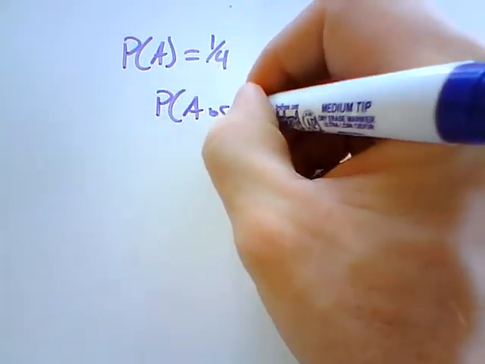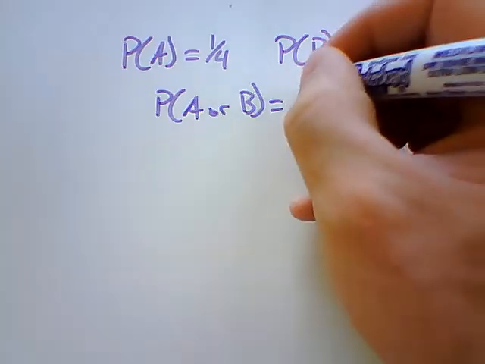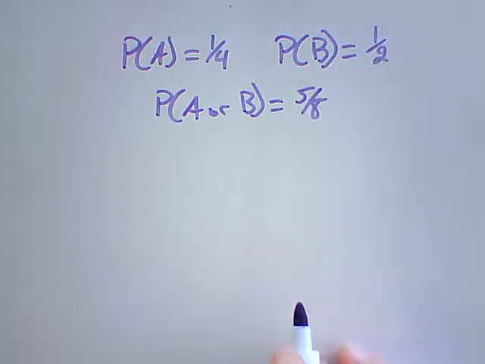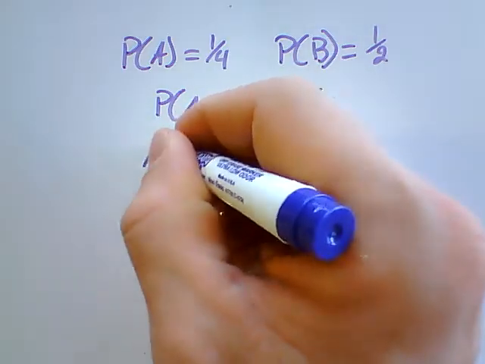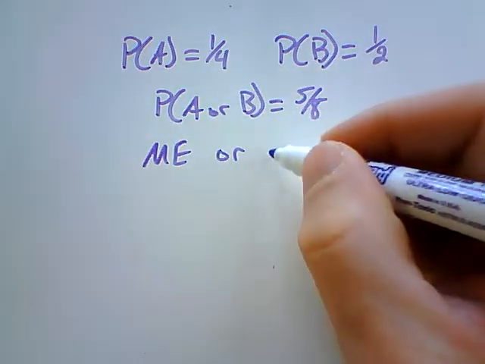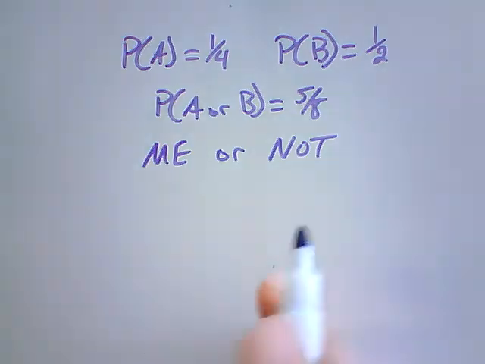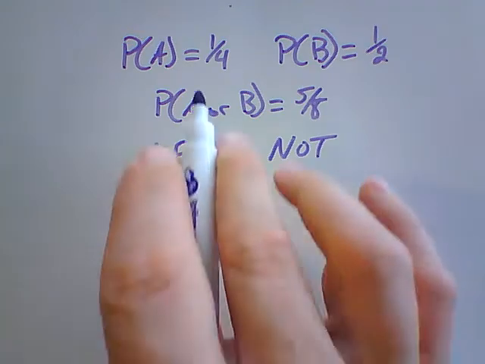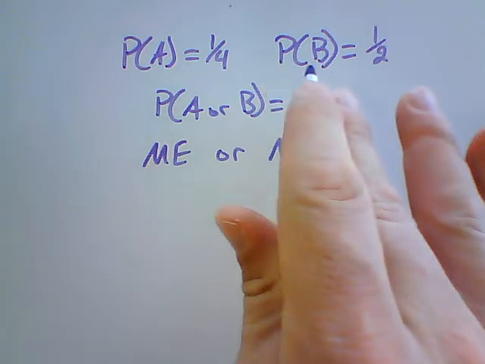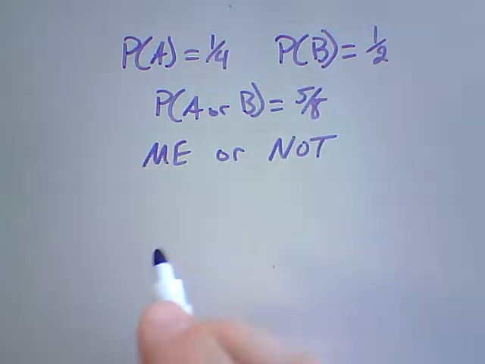And I'm going to try to get you a little bit used to the set theory stuff. So if the question is whether it's mutually exclusive or not, if it's mutually exclusive, then the probability of A and the probability of B will add up to this one.